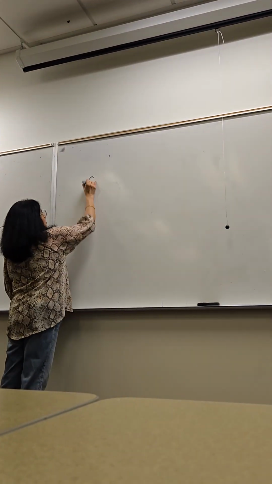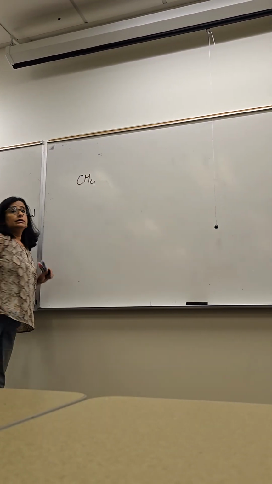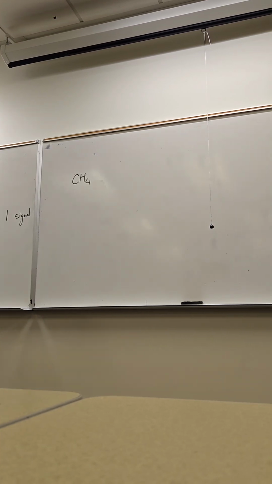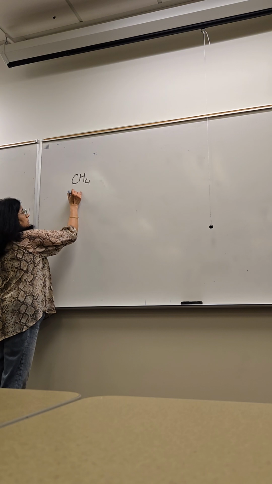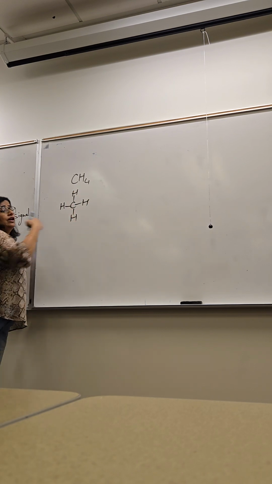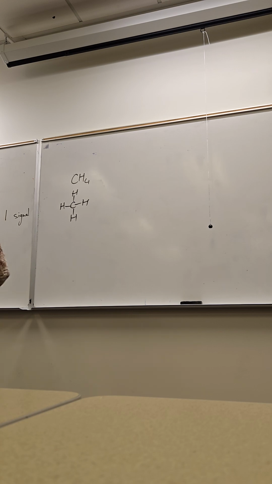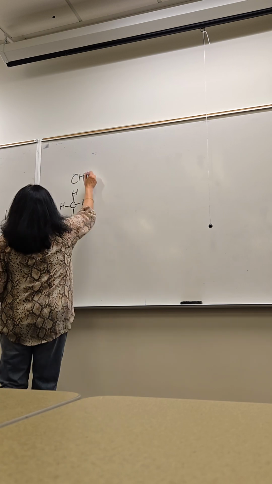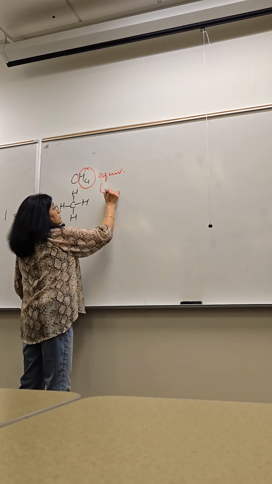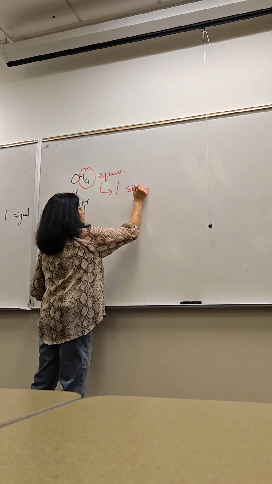How many hydrogens does methane, CH4, have? 4. And if you draw out its structure, are these 4 hydrogens identical to each other, or are they different from each other? Identical. Do you guys agree? Yep. So the 4 hydrogens in methane are all equivalent to each other, which means 1 NMR signal.